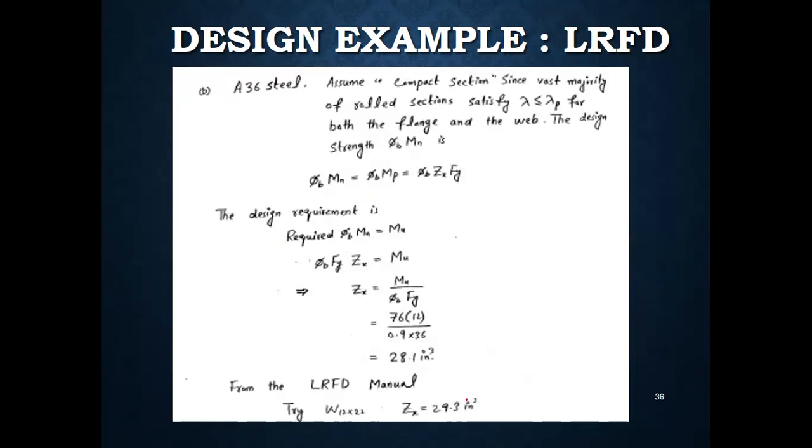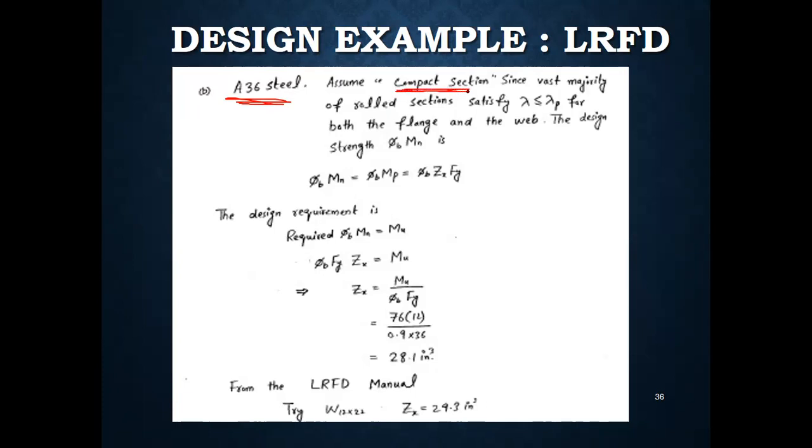Now, let's start with the first steel, that is A36 steel. During the design stage, we start by assuming that our section is compact in nature.